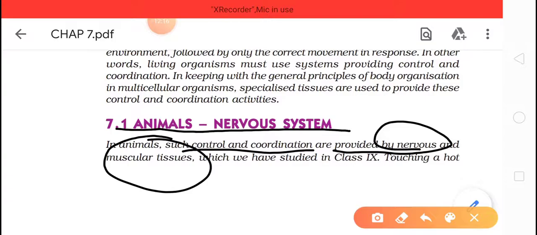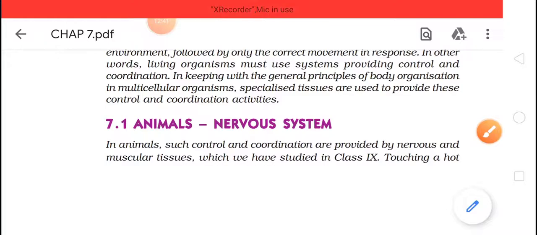We have done tissues; the last are nervous and muscle tissue. So we have nerve tissue and muscle tissue, and both of them coordinately will control the movement.